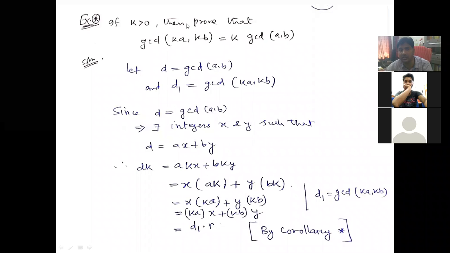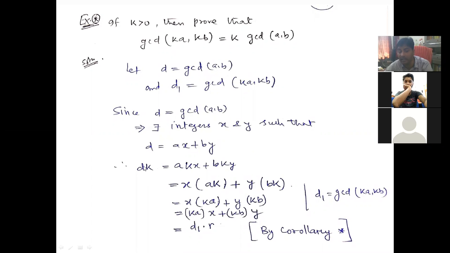If k is greater than 0, then prove that GCD of ka, kb equals k times GCD of a, b. Let d equal GCD of a, b and let d1 equal GCD of ka, kb. Since d equals GCD of a, b, there exist x and y such that d can be written as ax plus by.